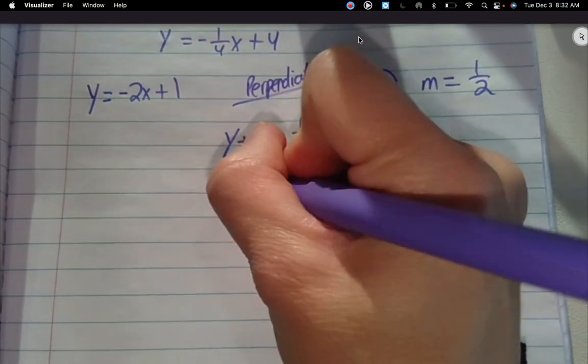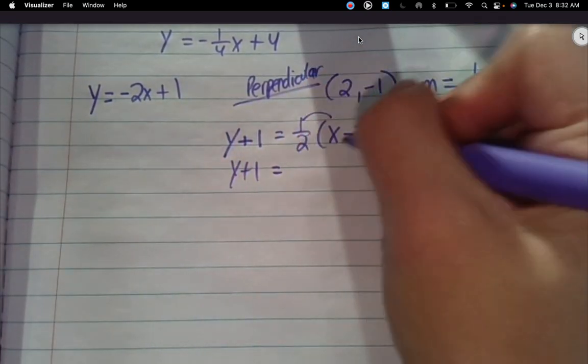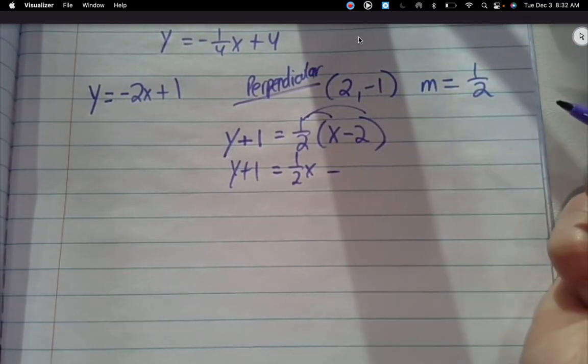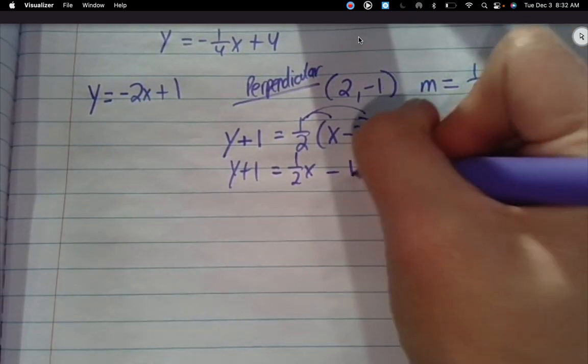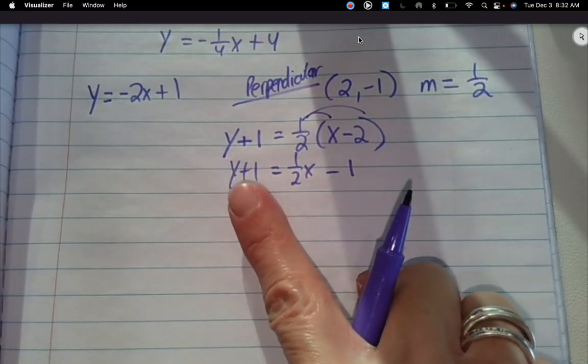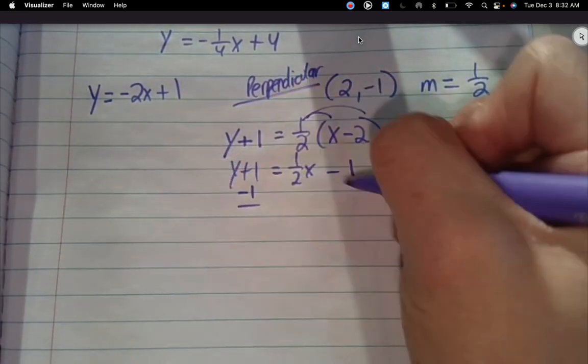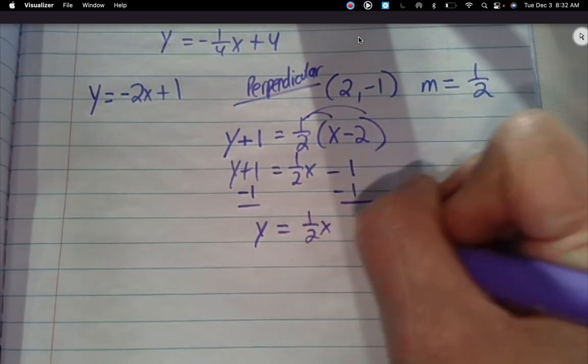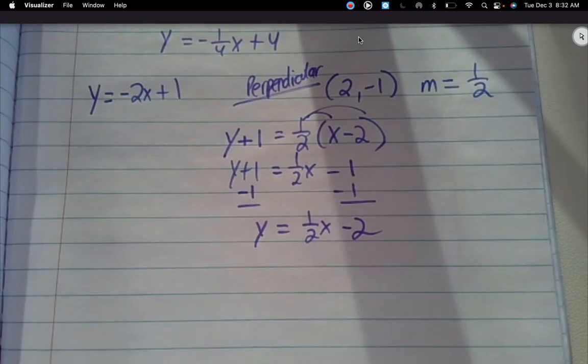So I'll distribute, and I get 1/2 x. And then what's half of 2? 1. And it's just negative 1. Then what do I do with this plus 1 over here? To move it, I subtract 1. So y equals 1/2 x minus 2.